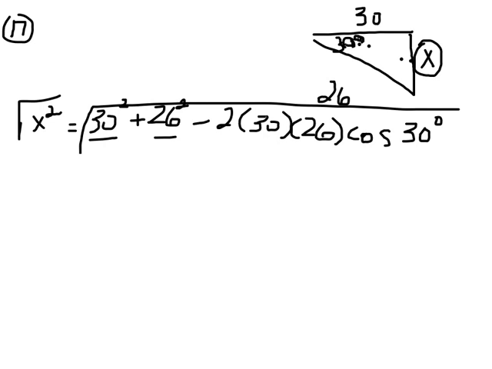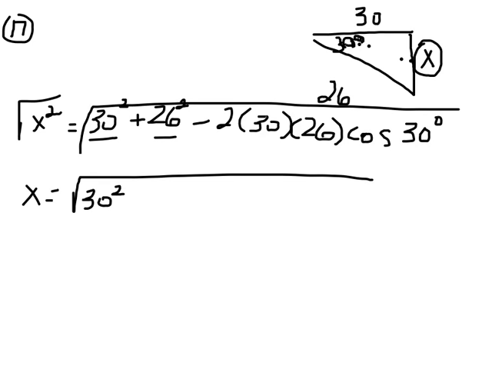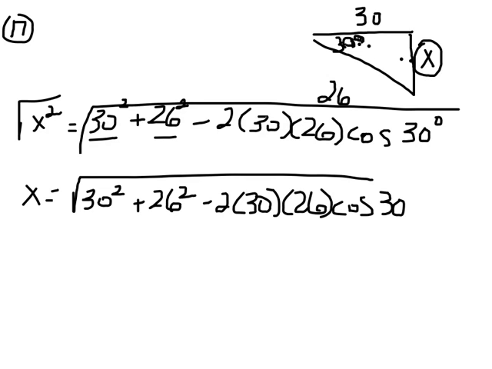So x equals the square root of 30 squared plus 26 squared minus 2 times 30 times 26 times cosine 30 degrees. You could just get your calculator and type it in just like this. When you get done, you'll have to close out the cosine angle, and then close out the square root too, so at the end you'll have 2 parentheses.